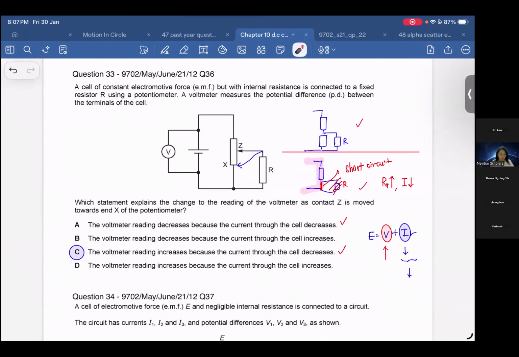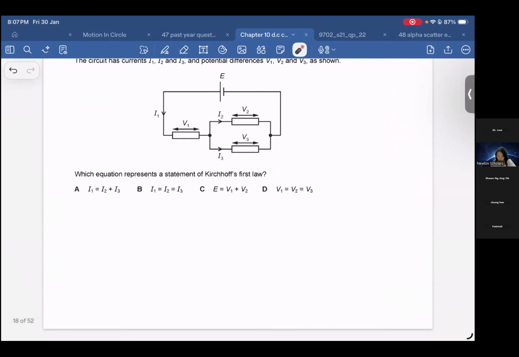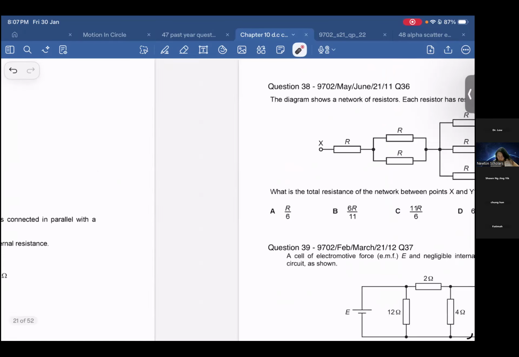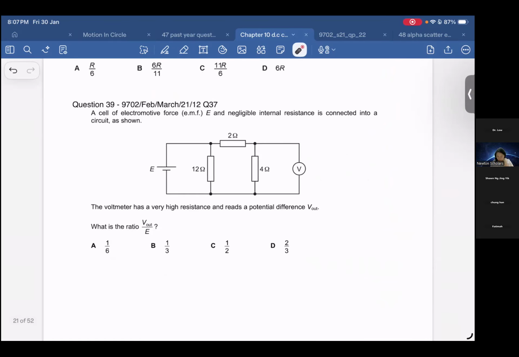Okay, so is it okay? Can we proceed to the next question, dear? Okay, good job. So dear, we go to question 39. Try question 39. Try. This question is easy also, but try.